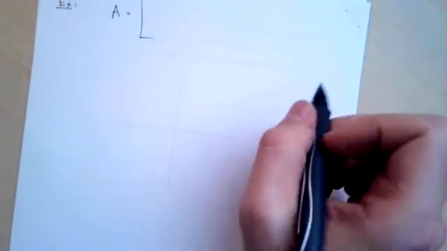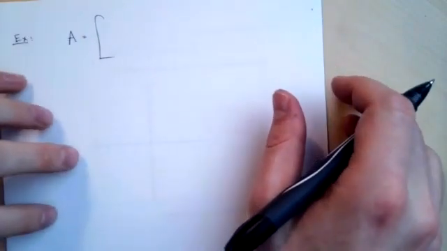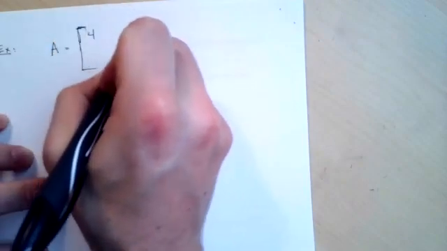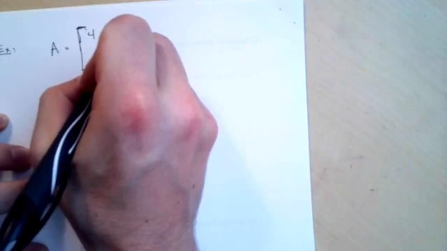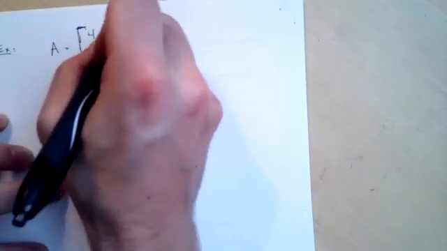And let's pick reasonable values, hopefully. Let's do, I don't know, 4 and 3 and 2 and -1, something like that.